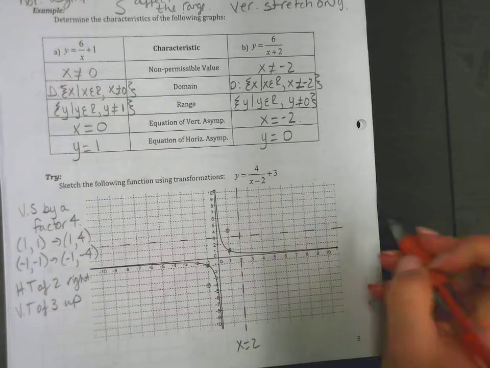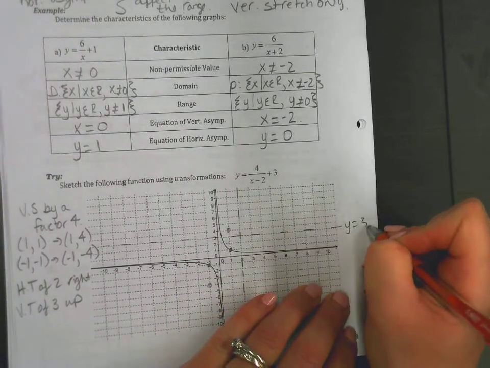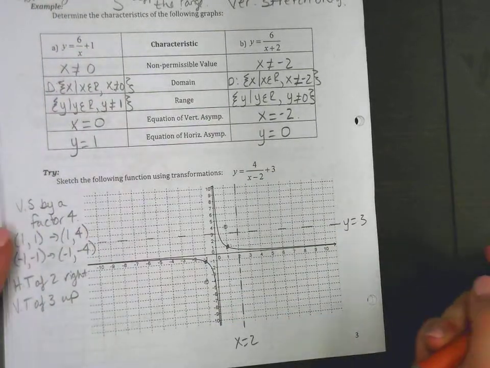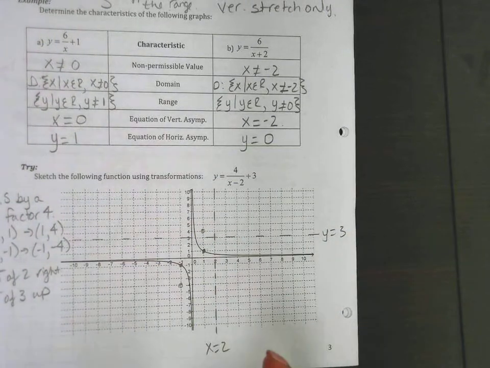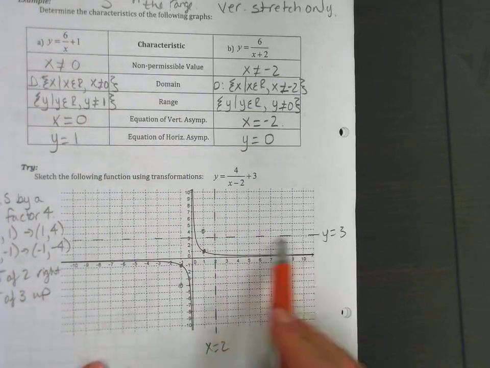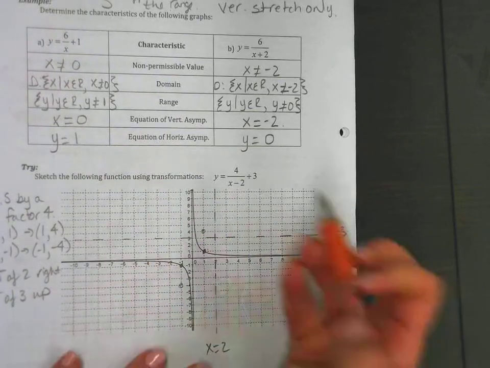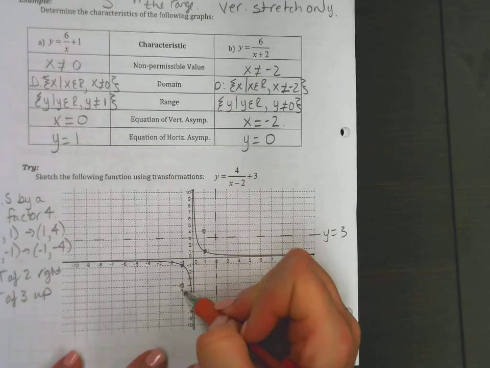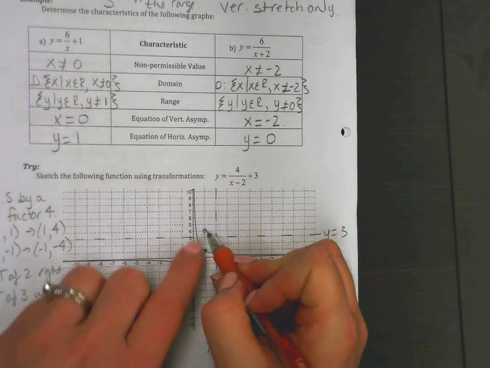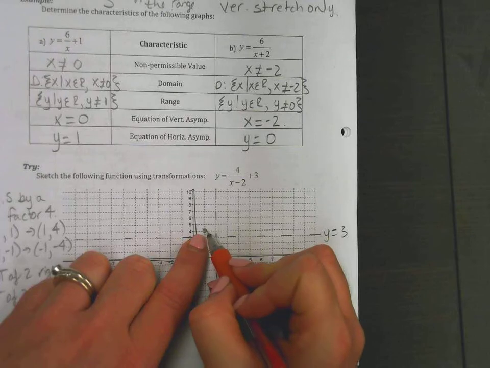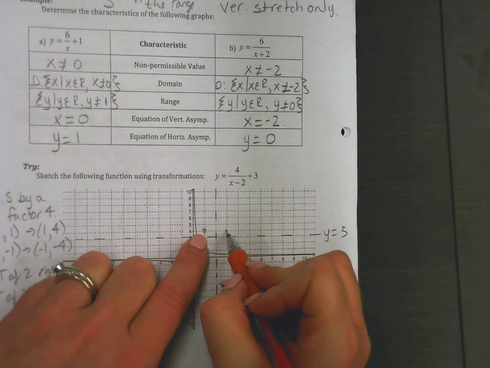So my graph is going to approach these asymptotes. I'm now going to move these points that I've created here that I've stretched. So I'm going to move this 2 right, 1, 2, and 3 up. So my graph needs to go through that point there. And I'm going to do the same here. I'm going to move this 2 right and 3 up. And my graph needs to go through this point here.